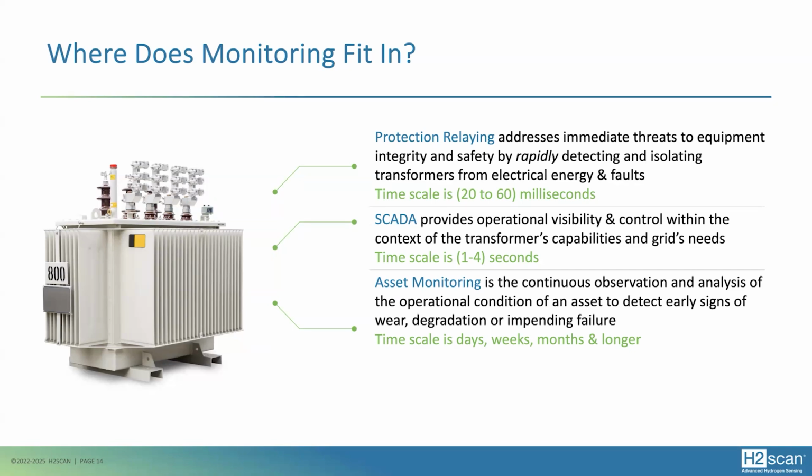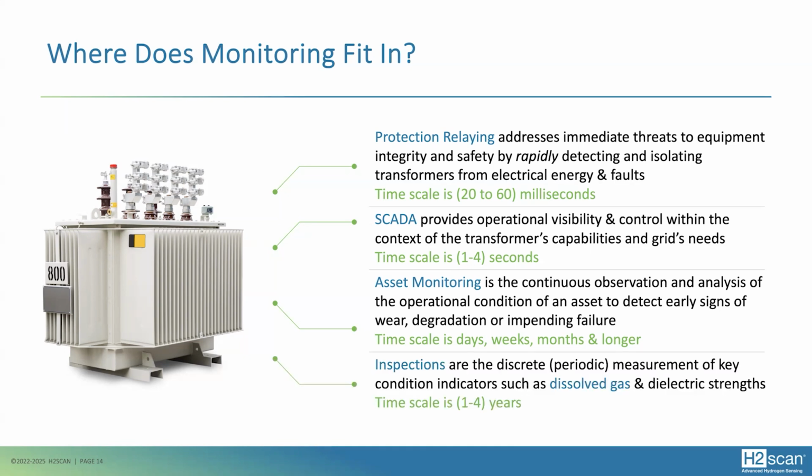We're not even in the hour realm. When we're looking at monitoring, it's the continuous, that's a key word, observation of the condition of the asset with a specific intent to detect early signs of wear and degradation. One of the terms we use for early faults is incipient faults.